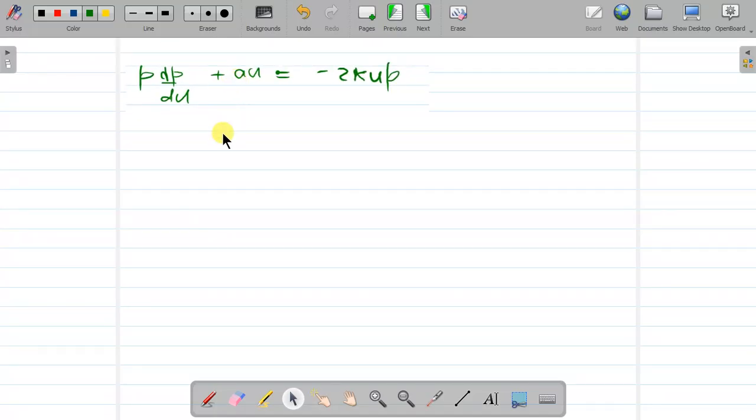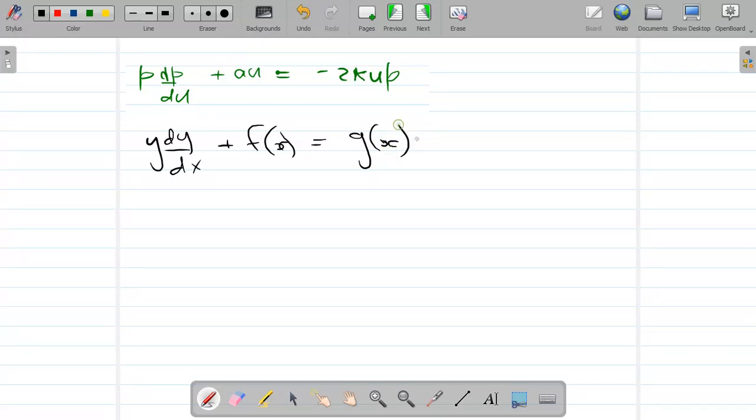So we've got this equation. Now, when we studied and solved the van der Pol equation, we had an equation of the form y dy by dx plus f of x equal to g of x times y.